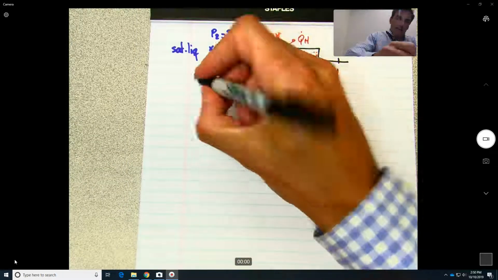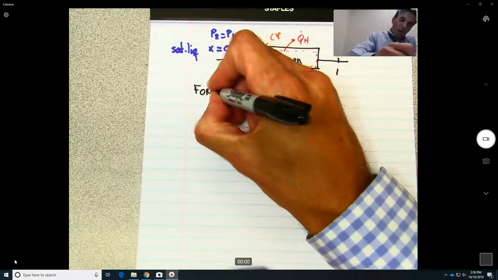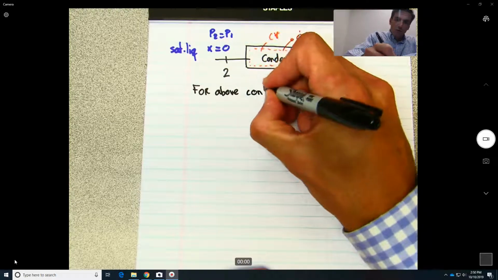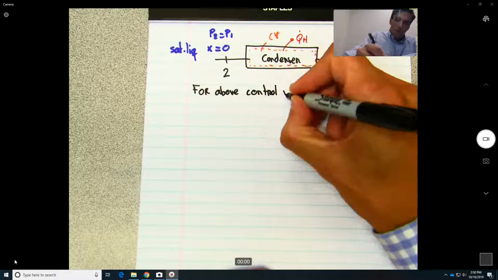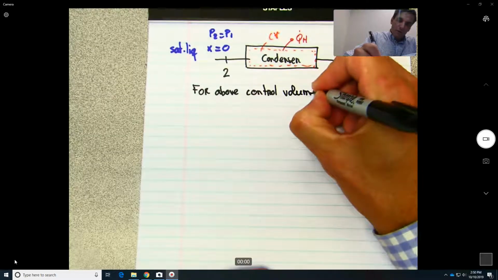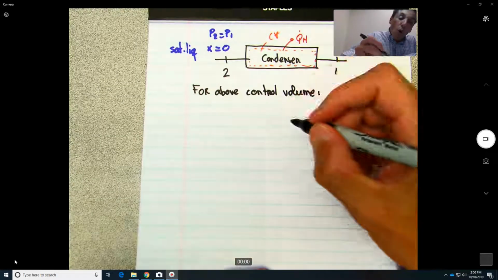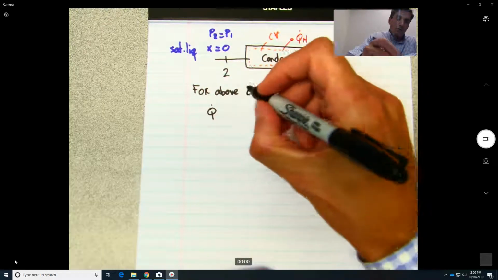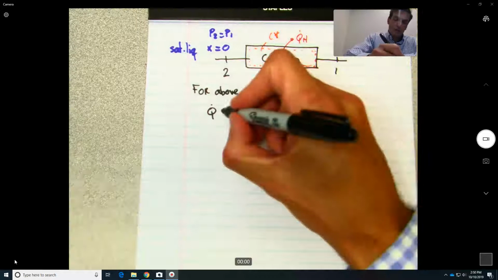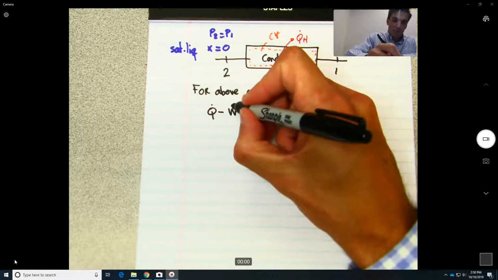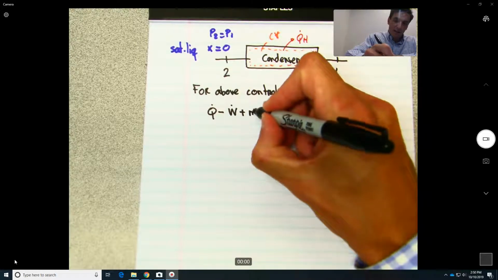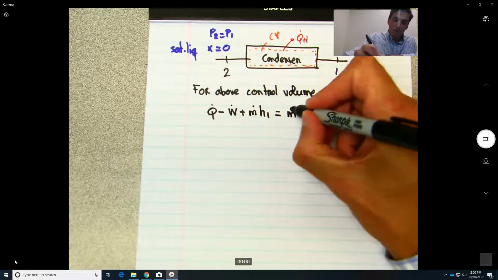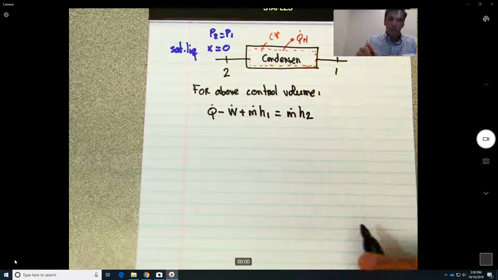So let me write down for the above control volume. We can write down the first principle of thermodynamics, which will be basically this plus mH1 should be equal to mH2.